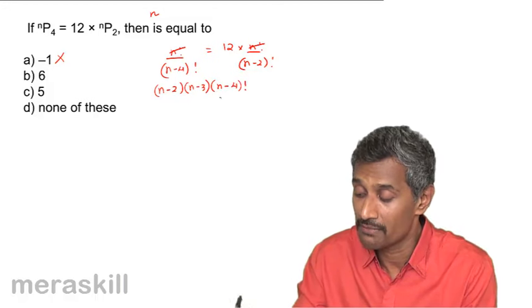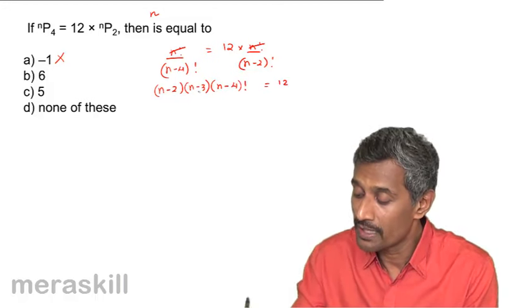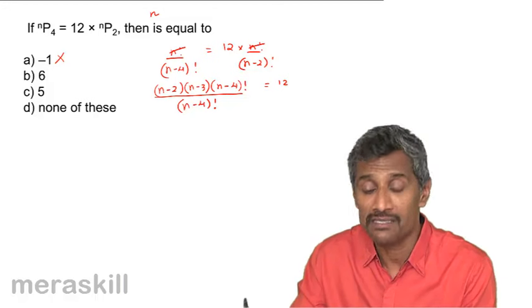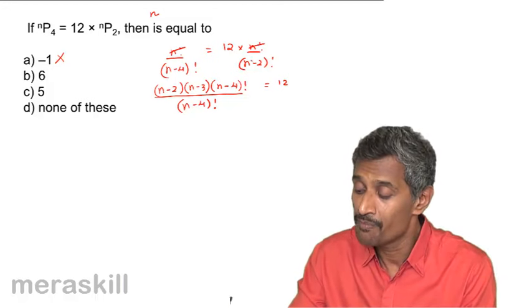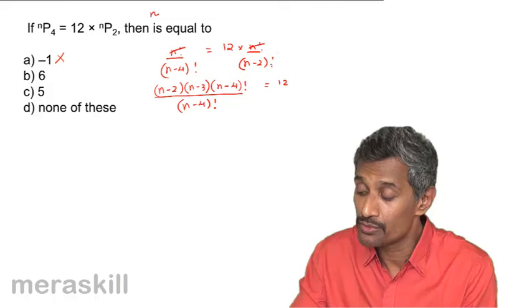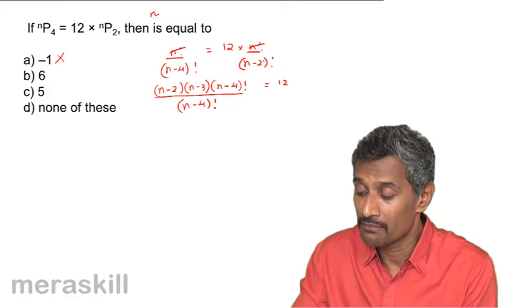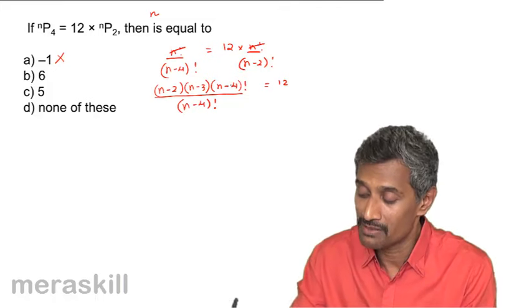So the next one will be N minus 4. This is 12, divided by (N minus 4) factorial. So we have to see that the factorial terms are getting eliminated. So we get N minus 2 into N minus 3 into (N minus 4) factorial.